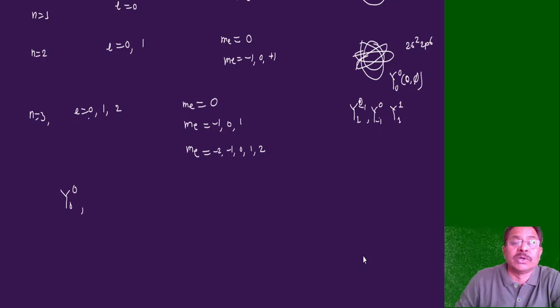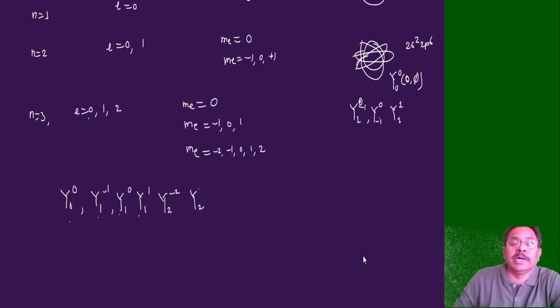Then L equal to 1 with ml equal to -1, 0 and 1, so 1, 2, 3, 4 separate orbitals are possible for these four. The remaining are from L equal to 2, with ml equal to -2, -1, 0, 1 and 2.